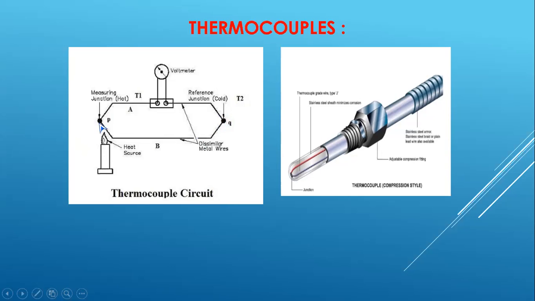Due to the difference in the metals and the temperature of the hot and cold junctions, an EMF is generated in the circuit that can be measured using a millivoltmeter or galvanometer.